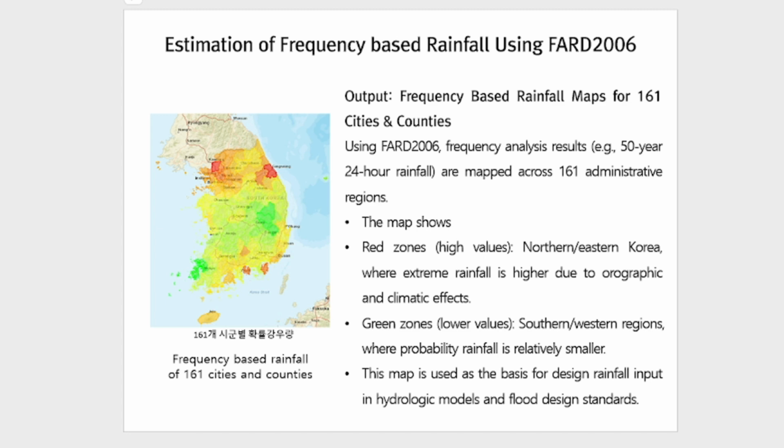The map shows the red zones, the ones with the high values, in the northern and eastern part of Korea, where extreme rainfall is higher due to orographic and climatic effects. The green zones, or ones with the lower values, show southern and western regions where probable rainfall is relatively smaller. This map is used as the basis for design rainfall input in hydrologic models and flood design standards.